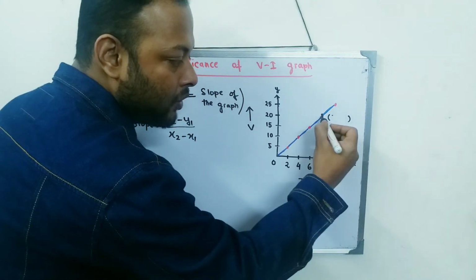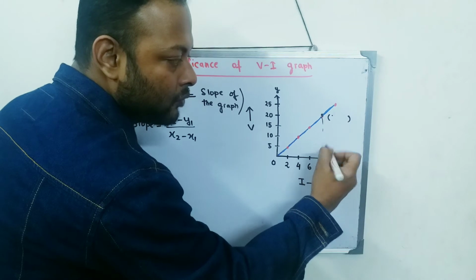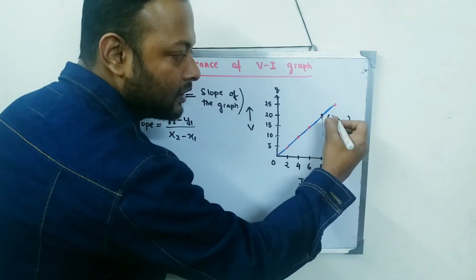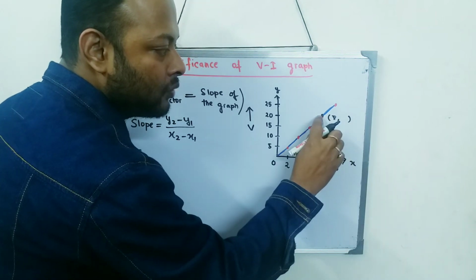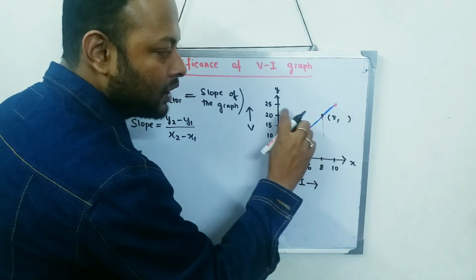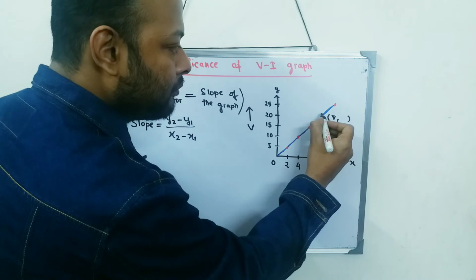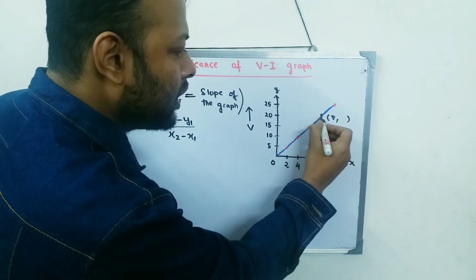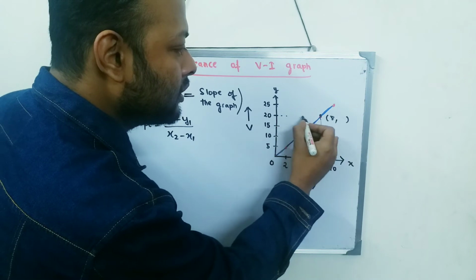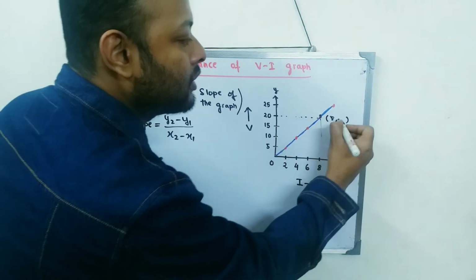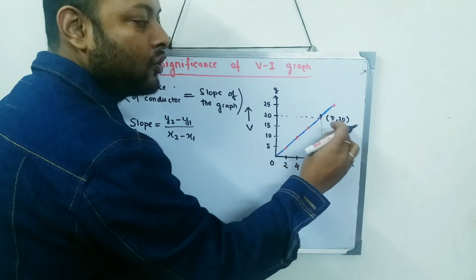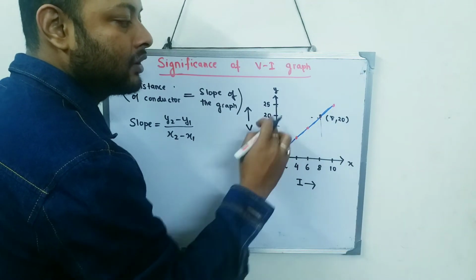So for this point, if I go down, my x-axis is 8. And if I take the y-axis, it will come to near about 20. So the point over here is 8, 20, right?